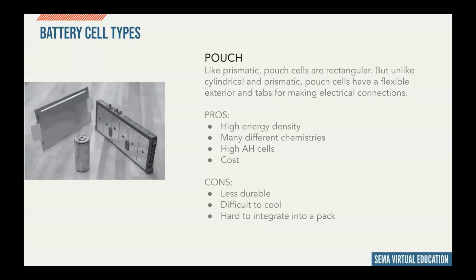The third type is a pouch cell. Like prismatics, pouches are rectangular in shape, but they don't have a structural outer shell. They are flexible, and all the internals are contained in a foil pouch.